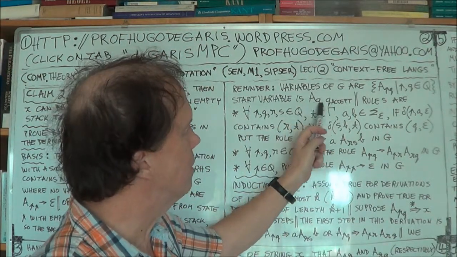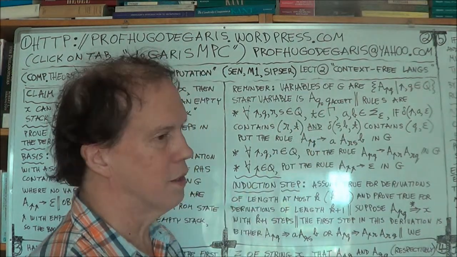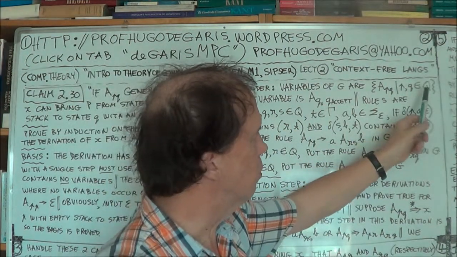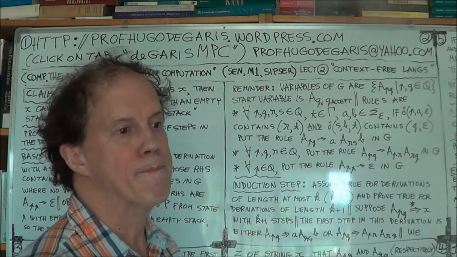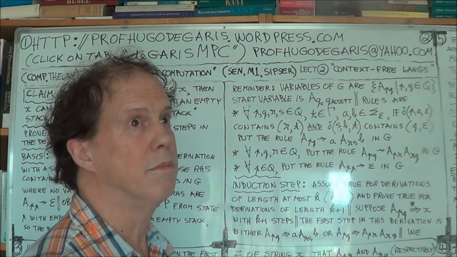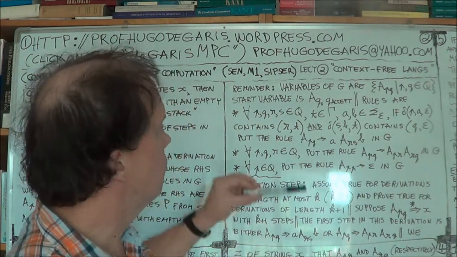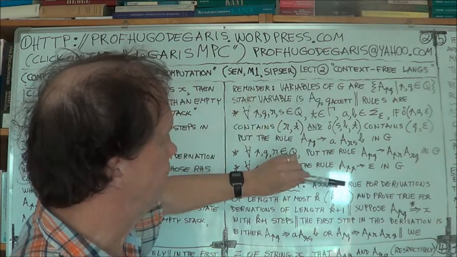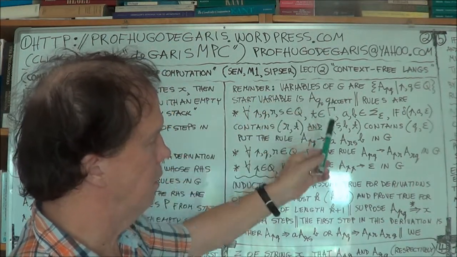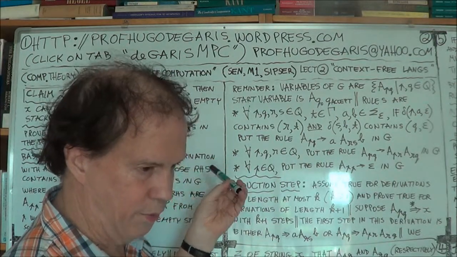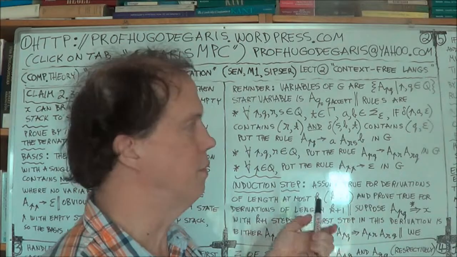So all the strings that this generates should be the same as all the strings that the machine recognizes. Now here are the rules. It's not obvious, but when you get into the details of the proof, you'll see the motivation for the rules, hopefully.